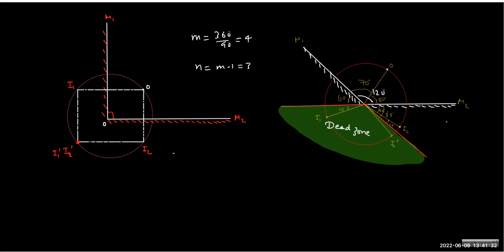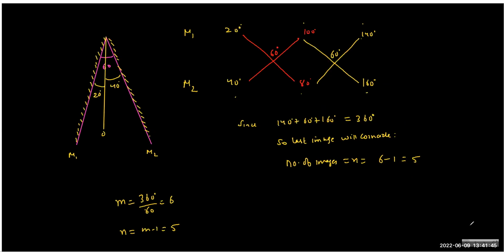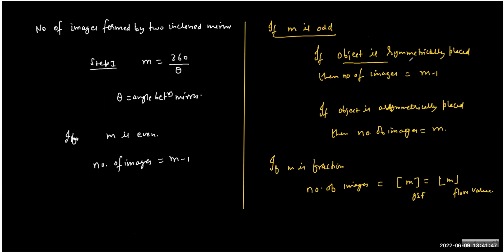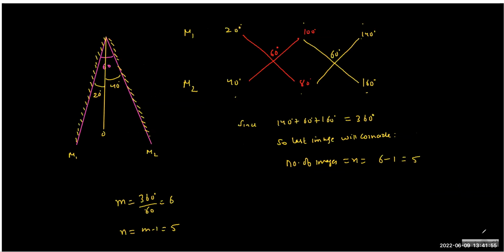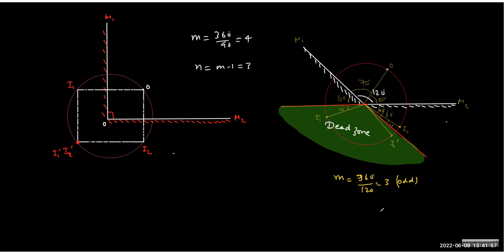If you try to use the formula, 360 by 120, how much is the answer? 3. So 3 is the odd number. So if you look at the relation, if the object is symmetrically placed, even in the odd case, the image count will be one less. See? For symmetry, it is one less.